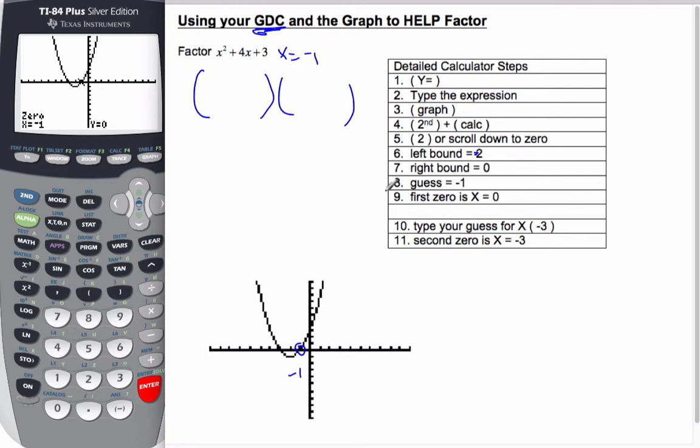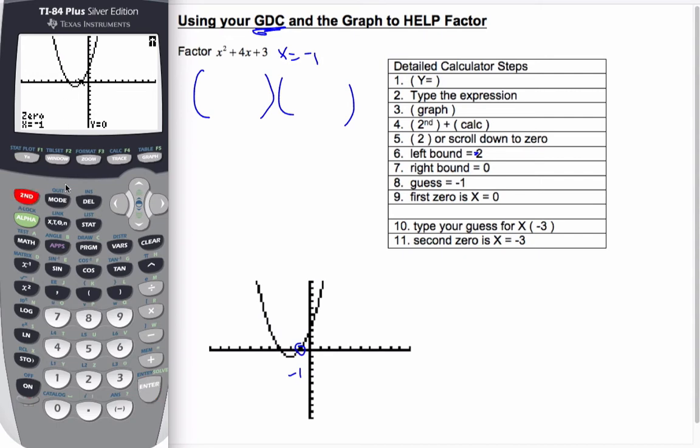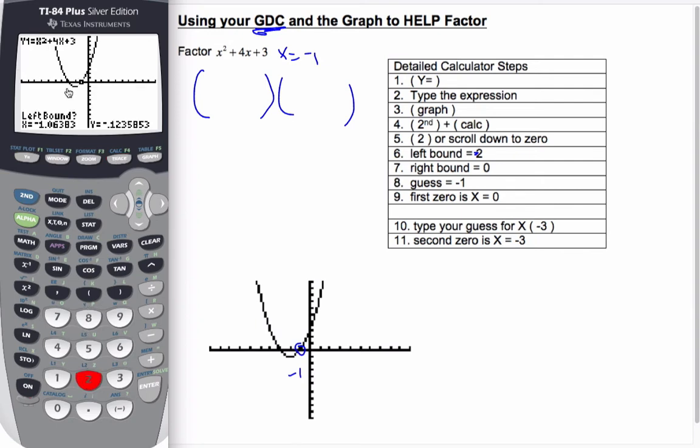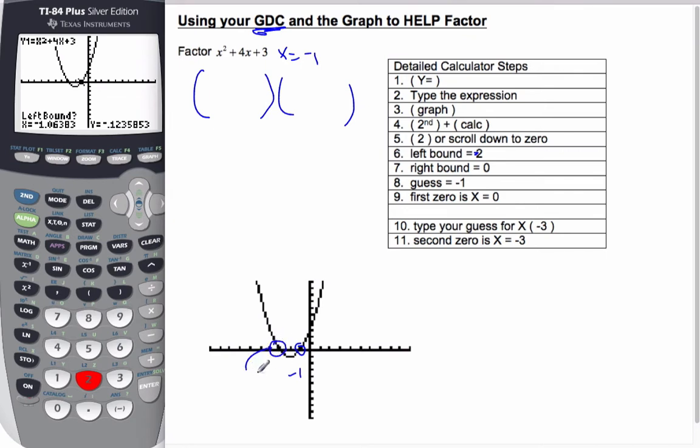I repeat the same process for the other intercept. I go second, the trace menu, which is calculate, number 2, which is zero, and I'm going to choose this value this time. I estimate it to be -3.